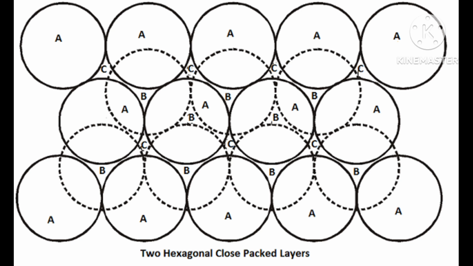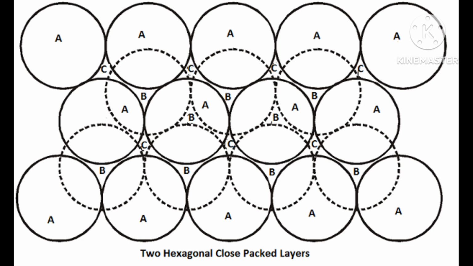If you see this arrangement, you will find that not all the triangular voids of the first layer are covered by the spheres of the second layer. In the first layer, some empty space was there, and that is not fully covered.